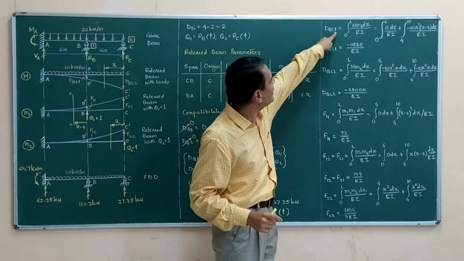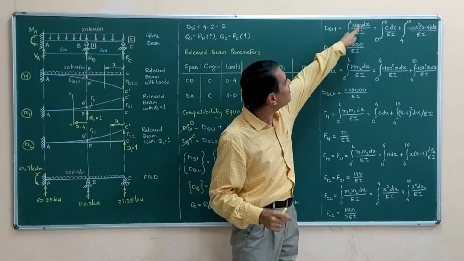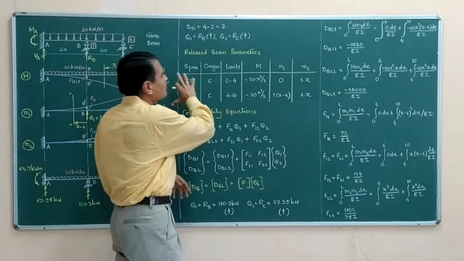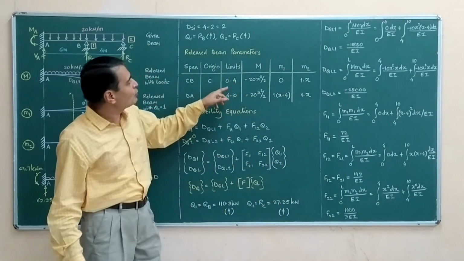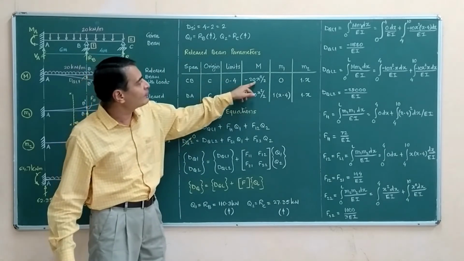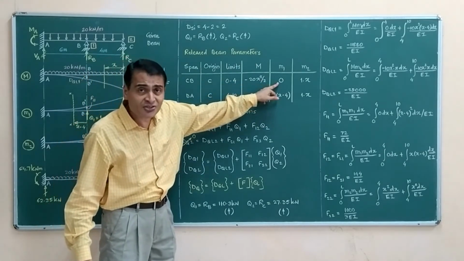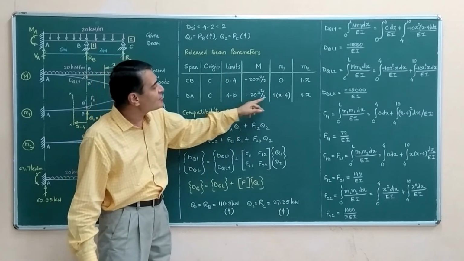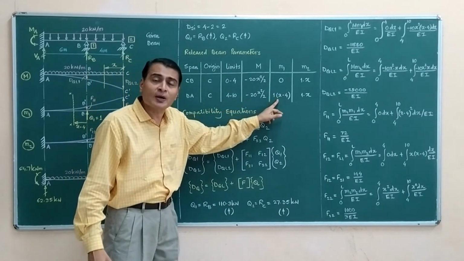Since this is dql1, I am writing M1 dx upon EI. Simply substitute from this particular table. It is going to be integral 0 to 4, this into this with respect to x upon EI, plus integral 4 to 10, this into this with respect to x upon EI.